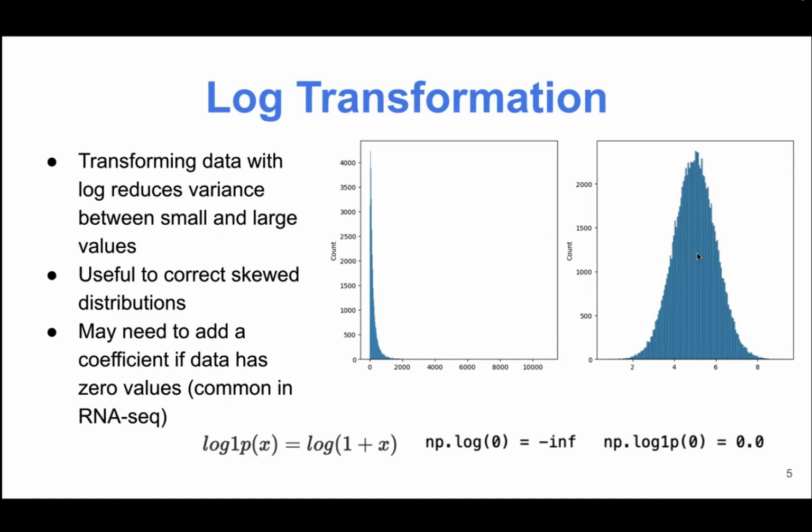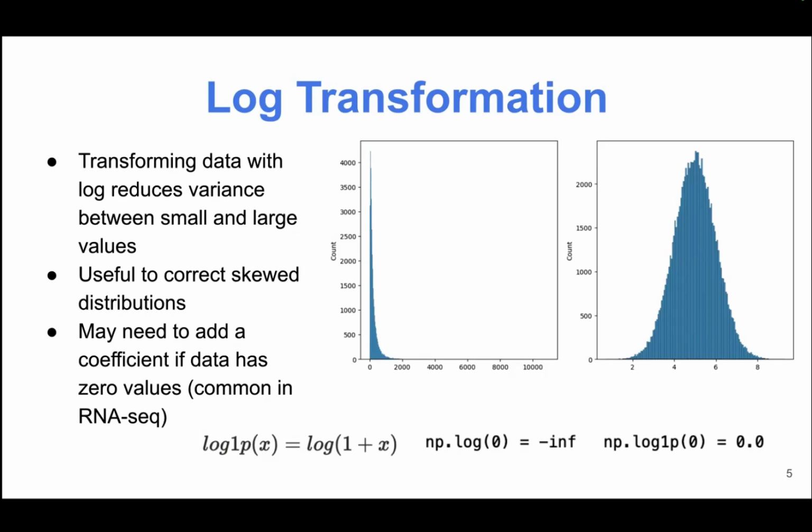When we're looking at this in an omics context, especially with RNA-seq, we'll get a lot of 0 values, which is an issue because, if you recall, trying to take the log of 0 will give us an error, or it is undefined. So what we'll typically do to correct for this is add a coefficient, usually 1, to all of our values, and then take the log of that, which negates the errors we would get from 0 values.